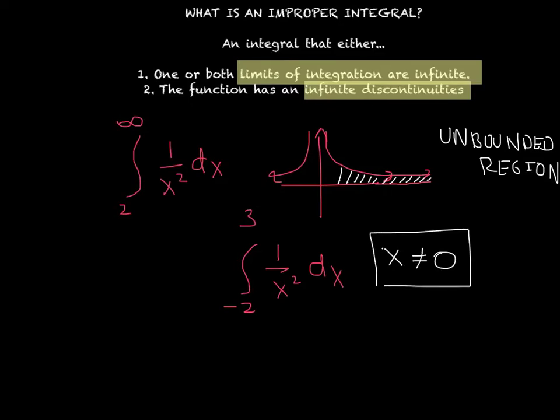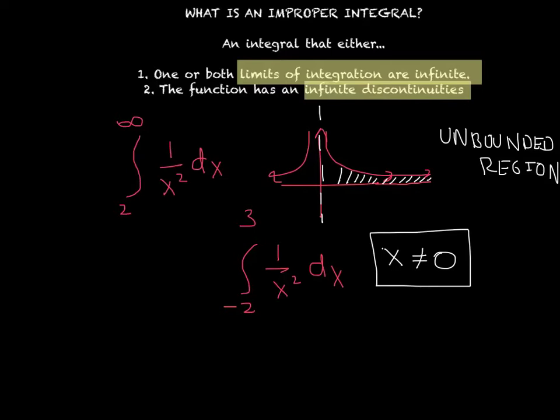If x is 0, you're dividing by 0, which is undefined. So there is an infinite discontinuity, or a vertical asymptote, which is another example of when you would get an infinite amount of area because the curve goes up forever. So if you come across an integral that has either one of these two conditions, it is an improper integral, and we need to find a way to integrate it.